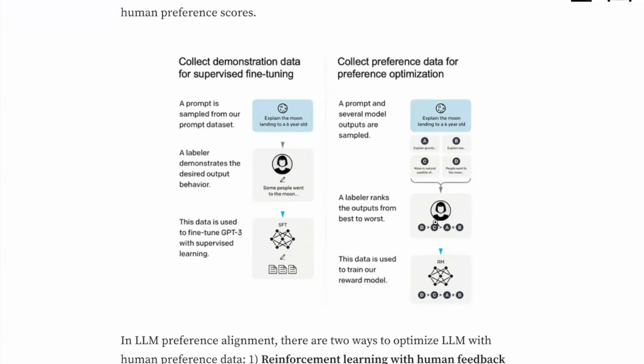And also it's a much easier labeling task, right? Instead of writing the full paragraph, the labeler just needs to provide which is better, or provide a rank of the outputs from the LLM.